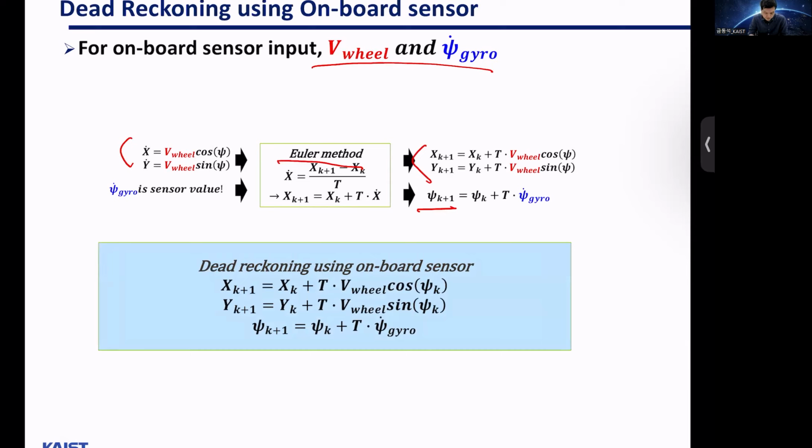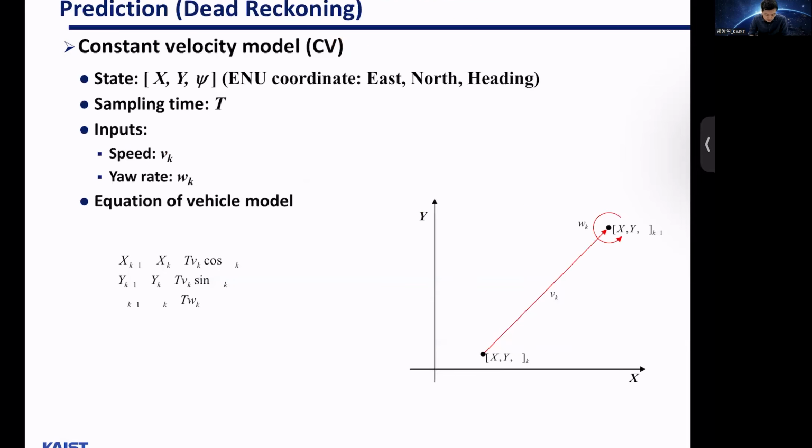So this is the numerical integrating equation for you to compute k plus 1, which would be, let's say, the current position. And to do that, you need these sensor information, and then the position and angle of the prior time step and the sampling time. Okay. So I think that's very straightforward.